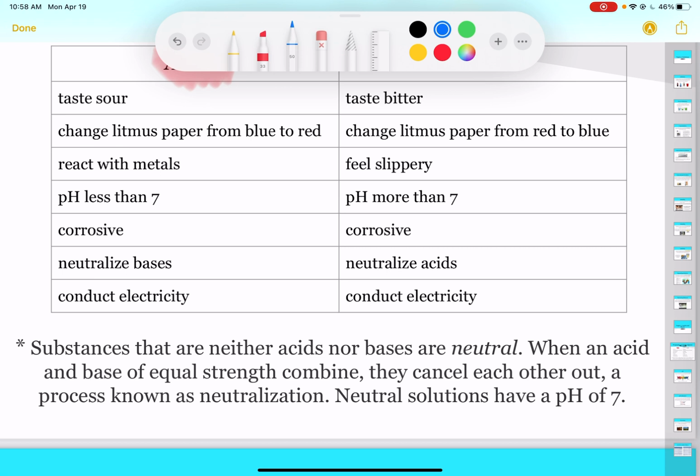I don't know if you've ever heard, but jellyfish stings tend to be, I believe, acidic. So it puts an acid in your skin, which makes you burn and have pain.